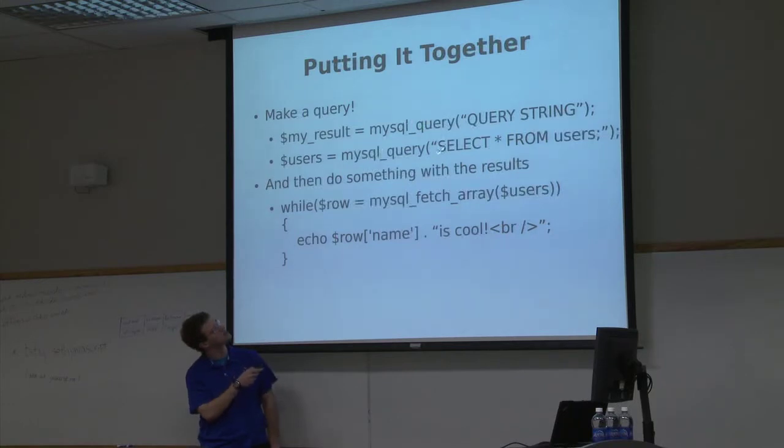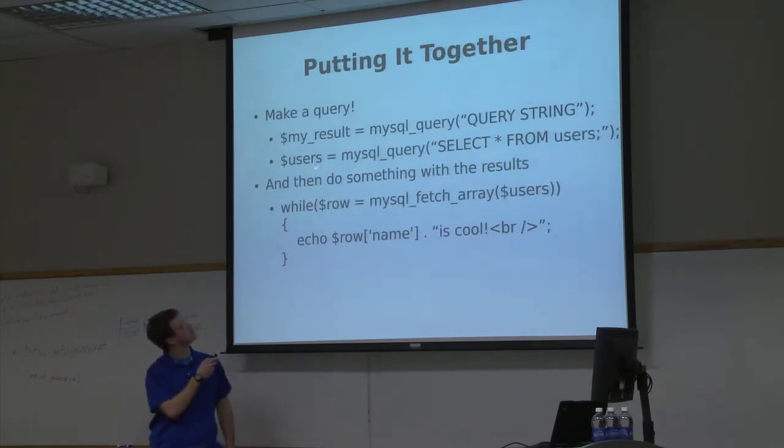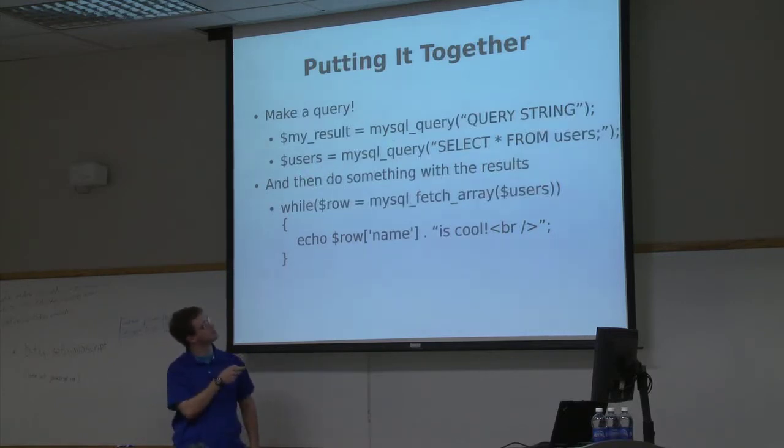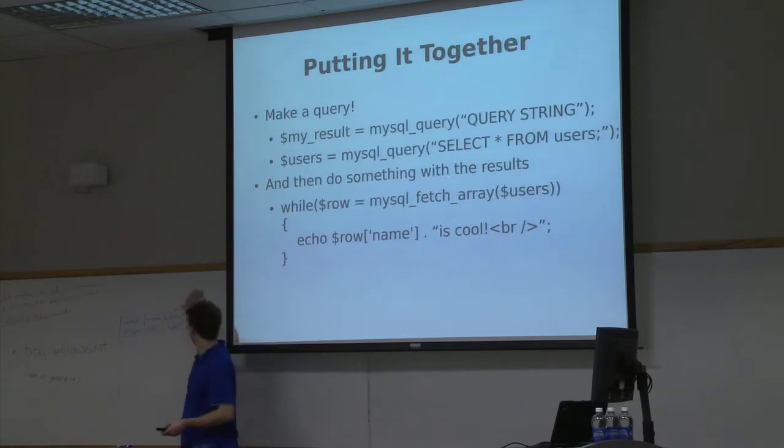And then MySQL_query, and its stuff. So if you want to get all the users from the users table, you can store those into a variable called users, and you do MySQL query select star from users. Done. And then what that'll do is return this whole table. And you can't really do much with the whole table. You kind of have to operate on it one row at a time.